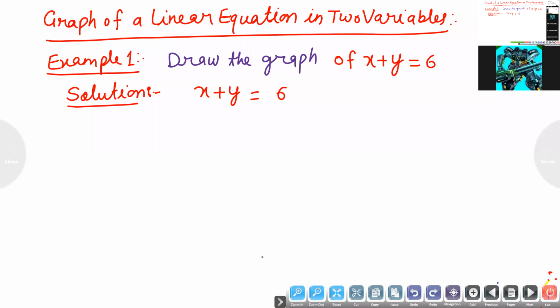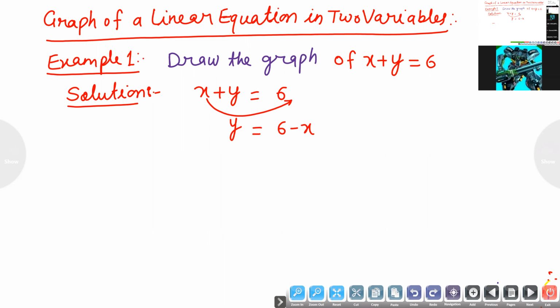Now, students always keep in mind, if a linear equation in two variables is given, keep y on one side and transfer x to the other side. Then I can say here y is equal to 6 minus x. Now I want to draw one table.